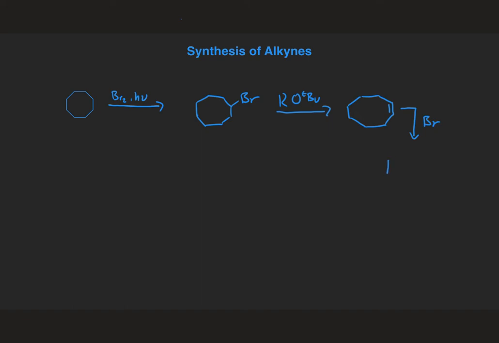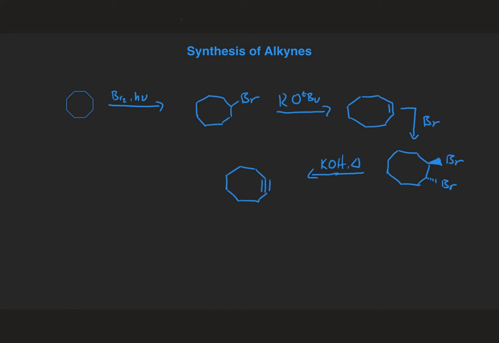That's going to selectively form the trans dibromide, which we saw in the previous slide could be reacted with hot KOH to form an alkyne.